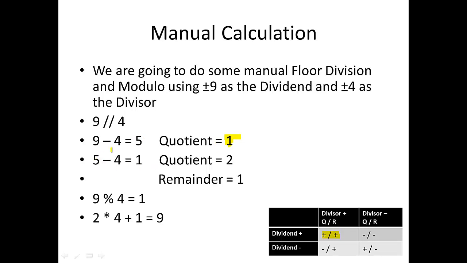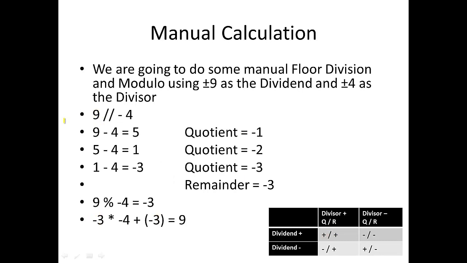Now we'll take 5 and subtract 4 from it, which equals 1. So our quotient is 2. Now since we're between 0 and 4 here, with a remainder of 1, that is our answer. So 9 mod 4 equals 1. Now to check this, we can multiply the quotient, which is 2, by the divisor, which is 4, and then add 1, the remainder, to get 9, which is what we started with.